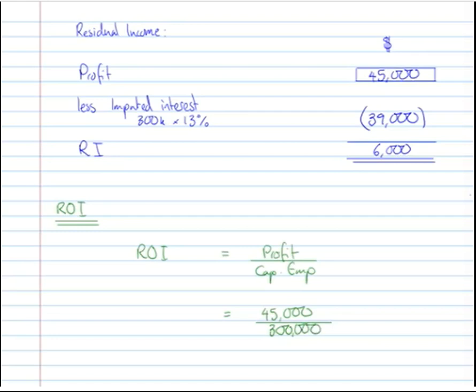So 45 over 300 gives me my percentage return, in this case 15%. So 15%, or in other words for this question, we're looking at answer D.